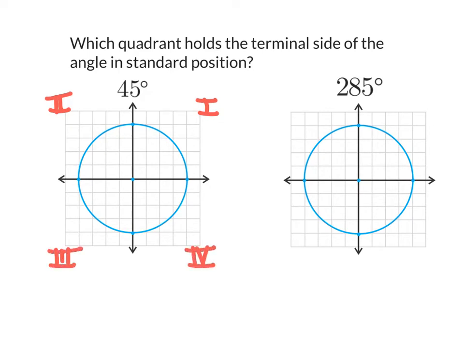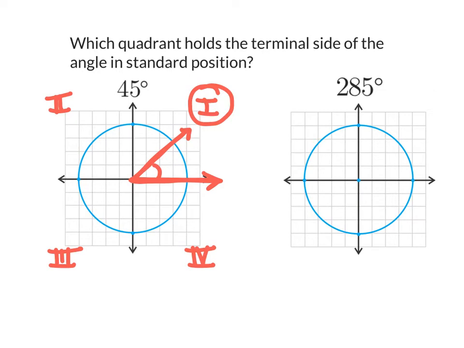So if I'm talking about 45 degrees, I'm going to draw the angle in standard position. Its initial side is the positive x-axis, and then its terminal side is going to swing up 45 degrees. So about right there, making this the 45-degree angle. Since the terminal side is in quadrant 1, this angle terminates in quadrant 1.